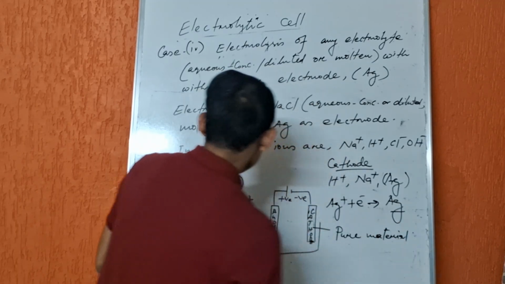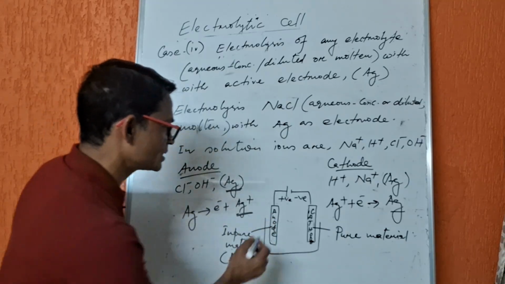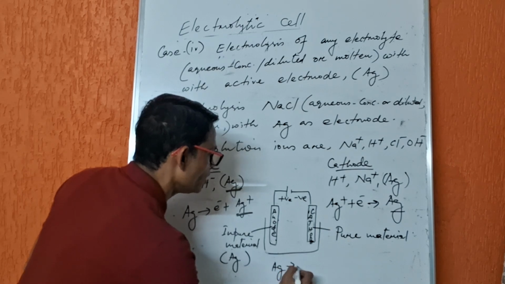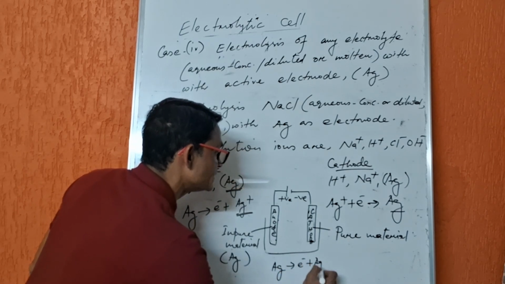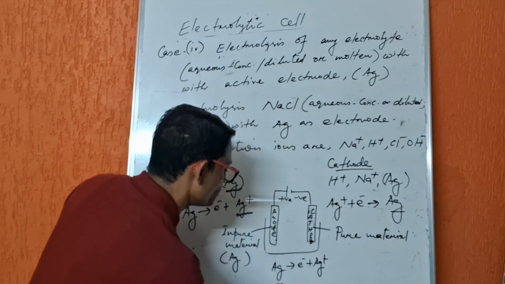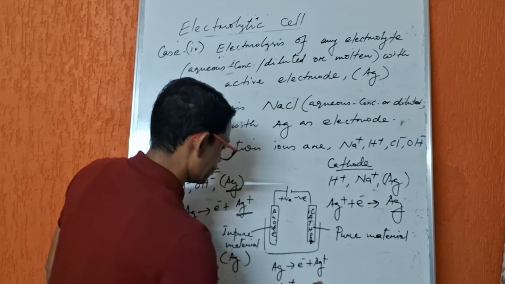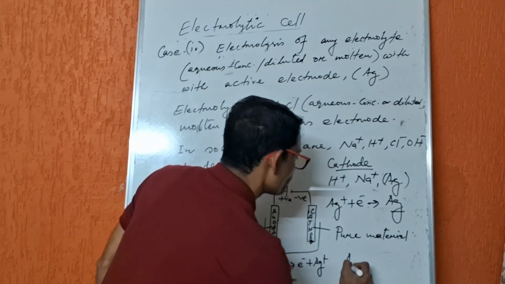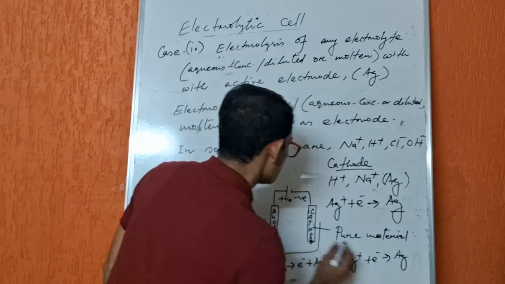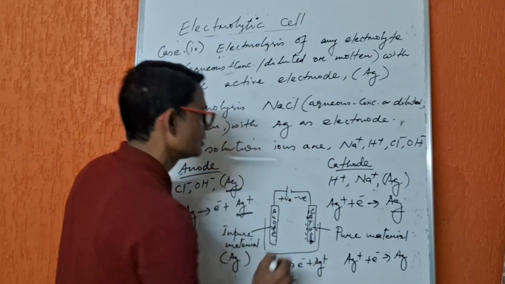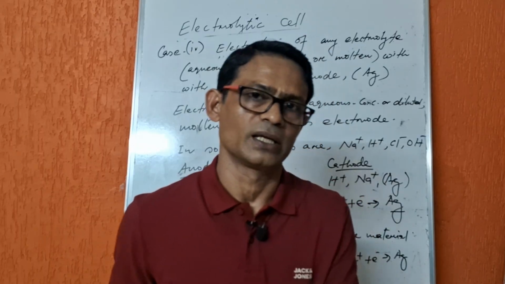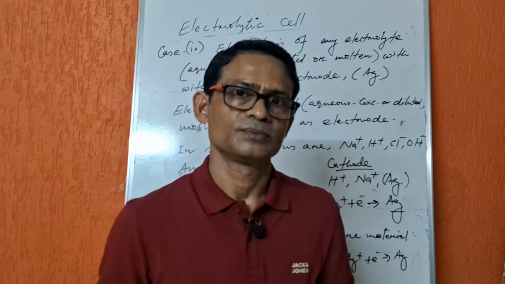From this rod, the anode, silver atoms will lose electrons and oxidize. That Ag plus will move towards the cathode, form Ag, and stick over here. So this is one method of electroplating or of purifying metals.